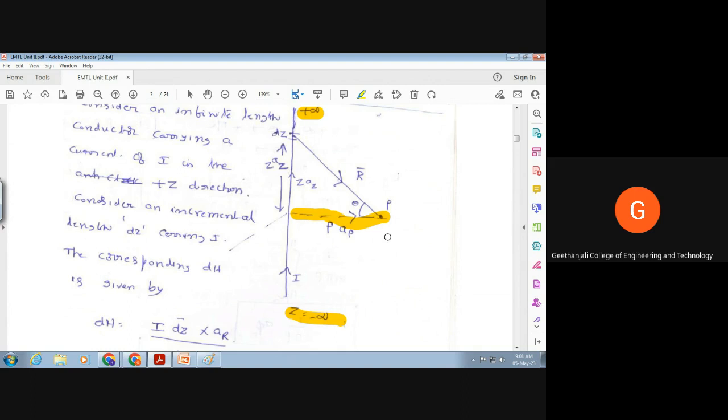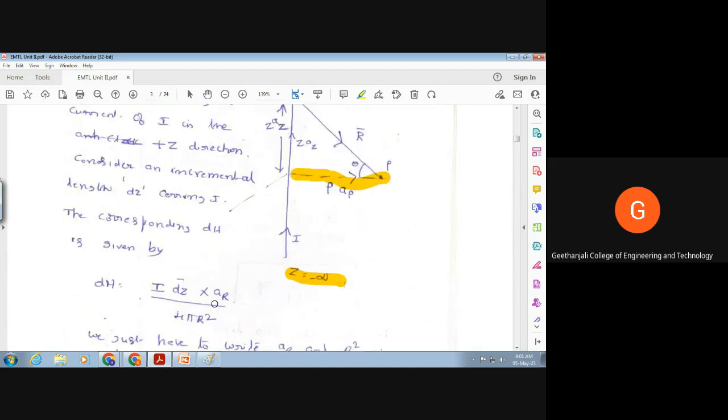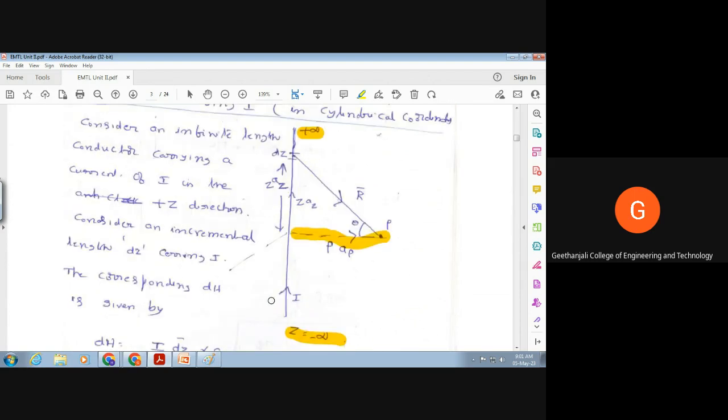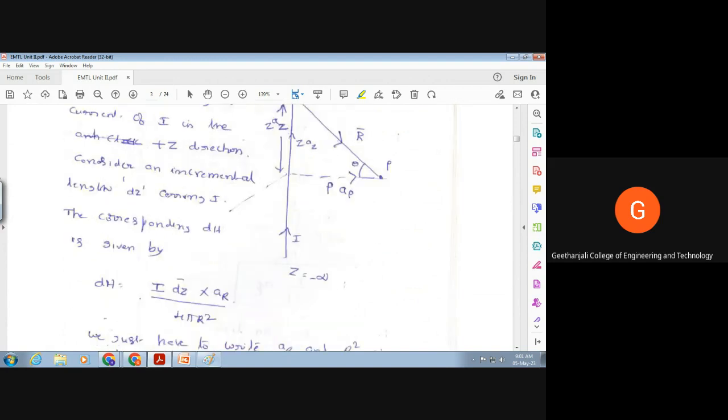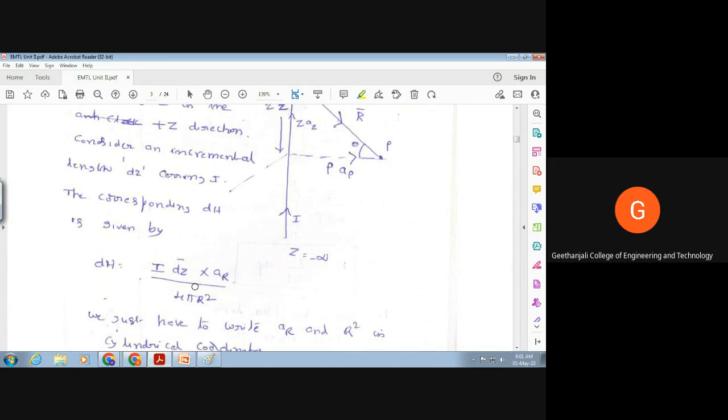Now that I dl becomes I dz cross a R by 4 pi R square. What is R? The distance from dz to point P. What is a R? The unit vector defined along the direction of R. So dH is equal to I dz cross a R by 4 pi R square.